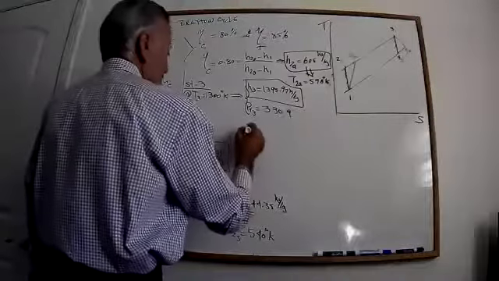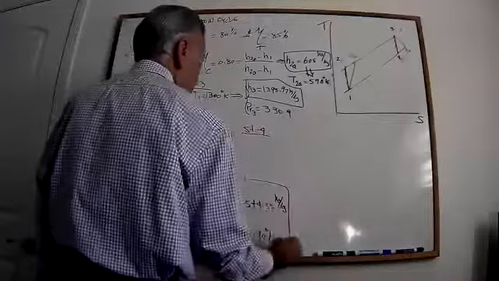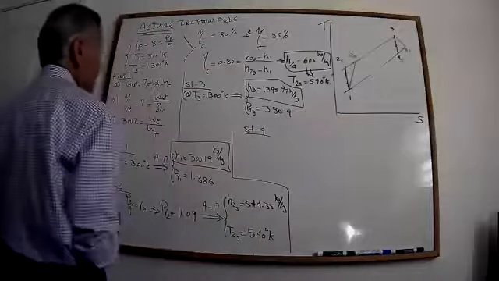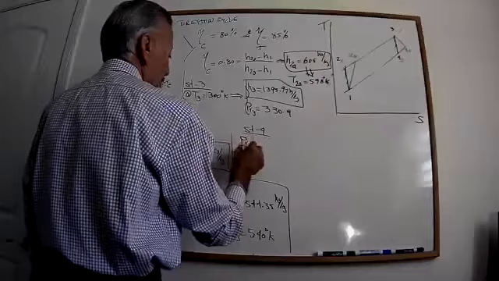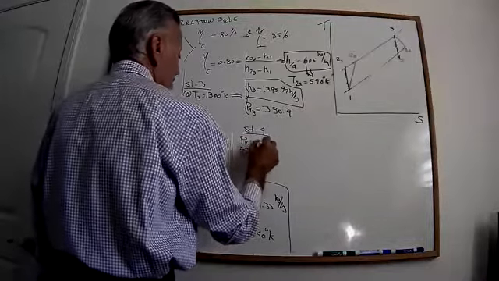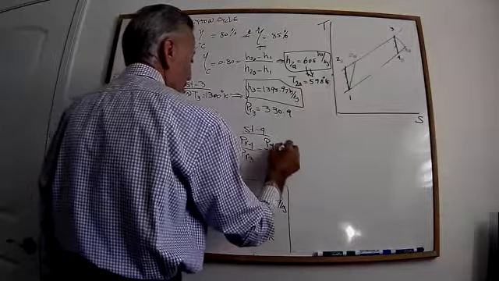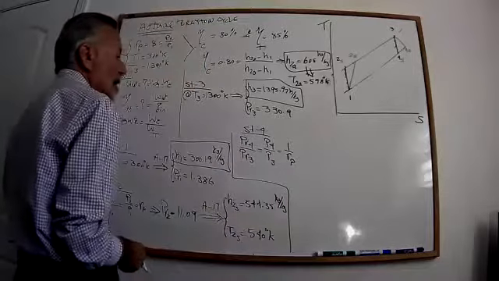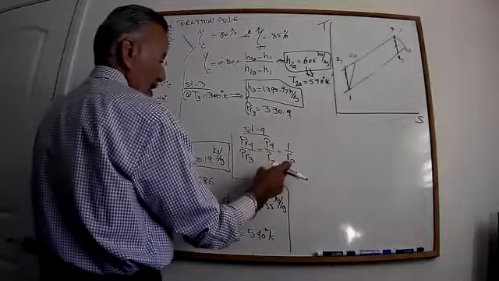Finally, I go to state 4. At state 4, I will repeat basically step 2, but this time I write PR4 divided by PR3 is the same as P4 over P3, which is the same as 1 over the pressure ratio, which is 1 over 8.